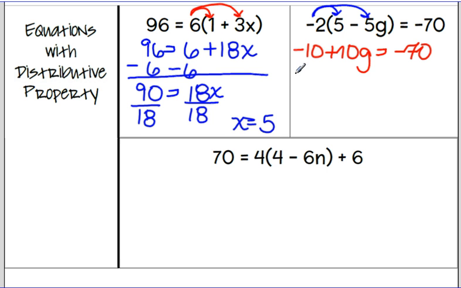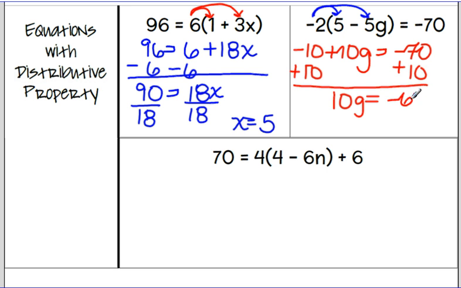To undo this negative 10, we would add 10 to both sides. So we would be left with our positive 10g is equal to negative 70 plus 10 is negative 60. Divide both sides by 10. So g equals negative 6.